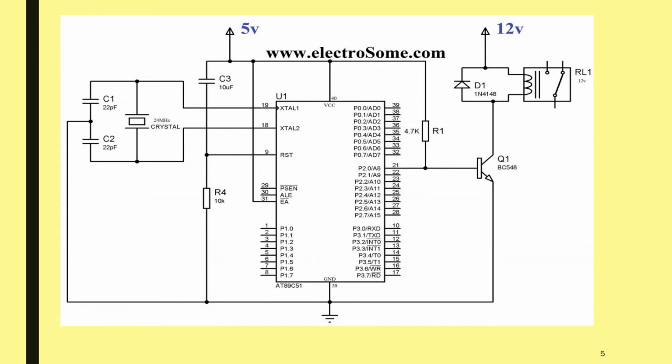Since we are using port 2, a pull-up of approximately 4.7K is needed, so that is also connected to do the required adjustment of current. In this circuit, the transistor plays an important role, with a current sinking capability of approximately greater than 70 milliampere.